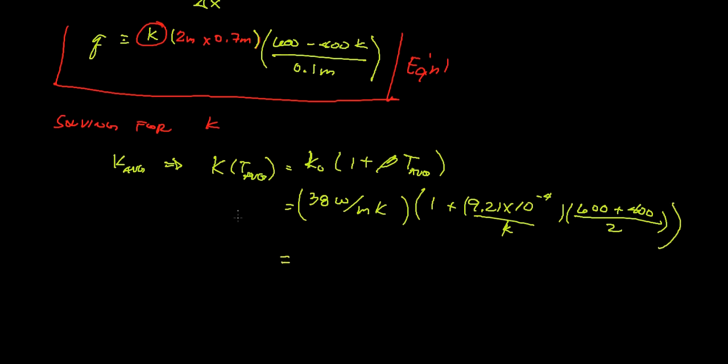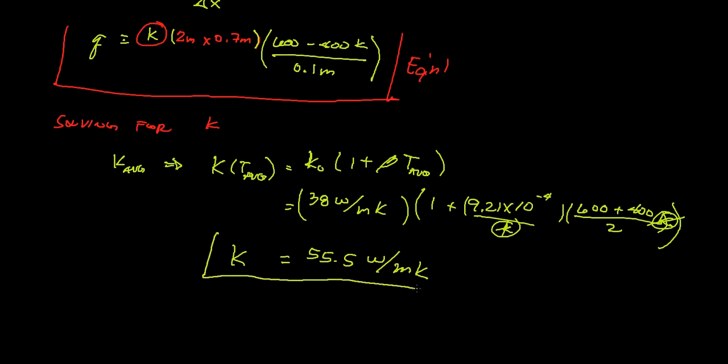All in all, the value of our K is 38 watts per meter Kelvin multiplied by this term, and we get 55.5 watts per meter Kelvin. The units cancel out, so therefore the value of our thermal conductivity is 55.5 watts per meter Kelvin.